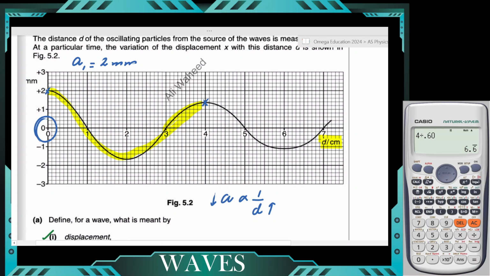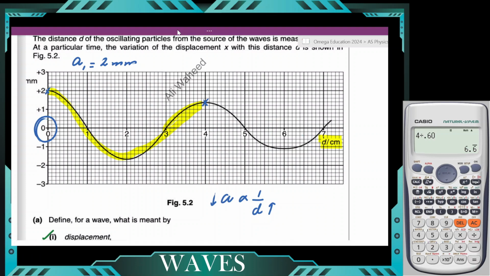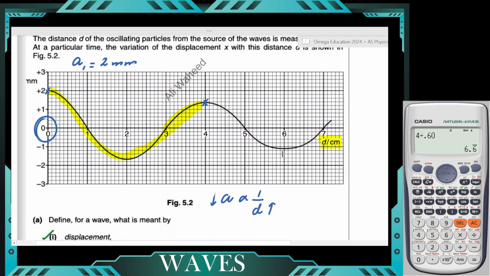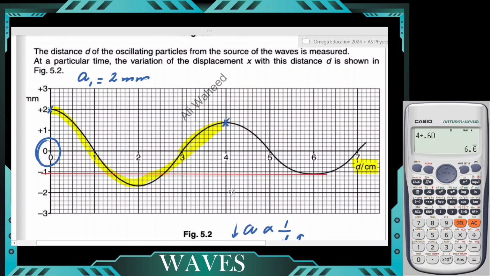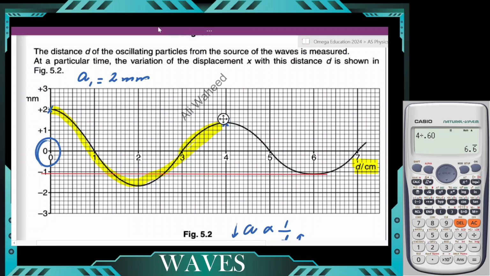And what is the amplitude of the wave 6 centimeter away from source? We have to be precise with it, and you'll just need to stretch a line from this distance all the way to the amplitude axis. So it would be some place over here. It is exactly in the middle of 1.0 and 1.2 with the negative sign.